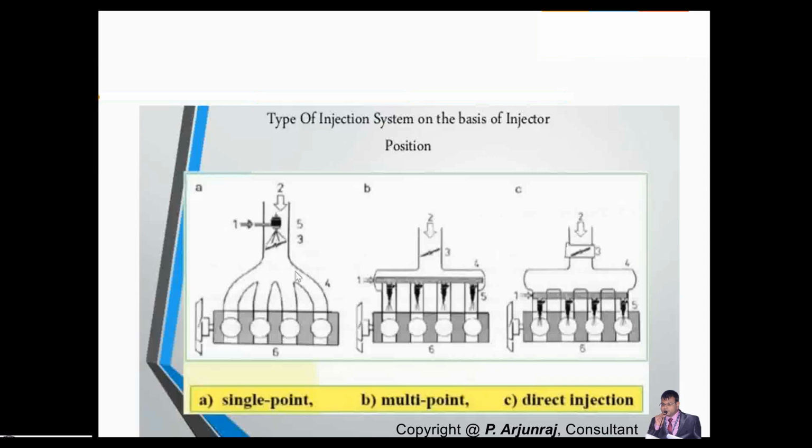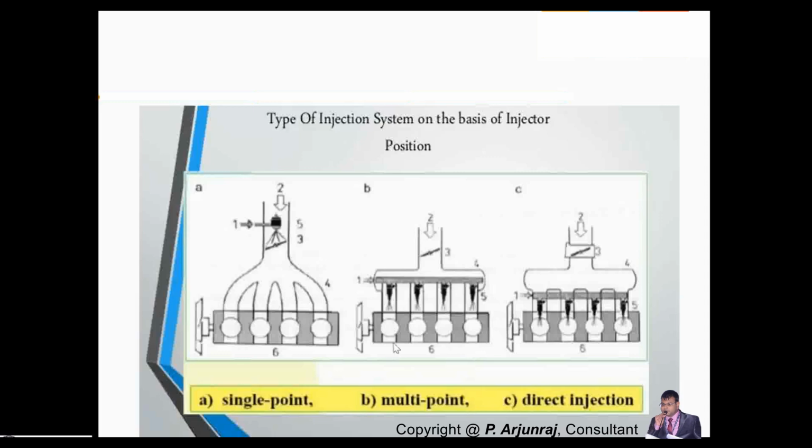So in order to have an even distribution of fuel into the combustion chamber and to the system, we are going with the multi-point injection system, where you have multiple injectors, which means one injector for one cylinder.